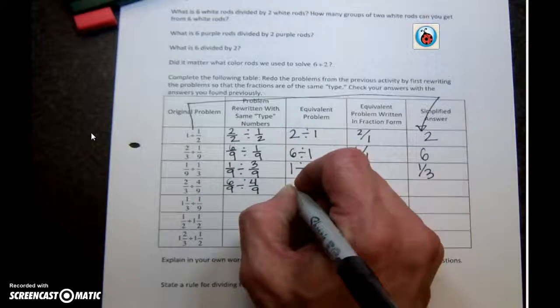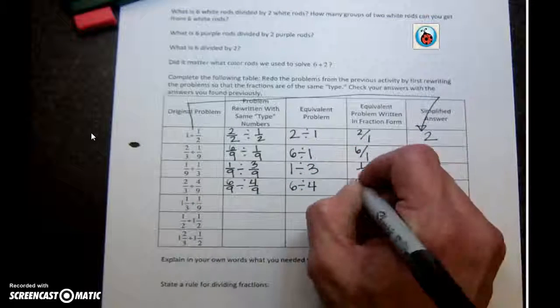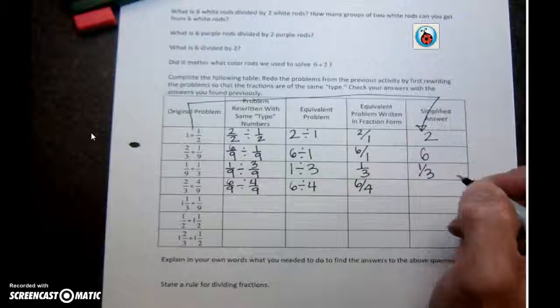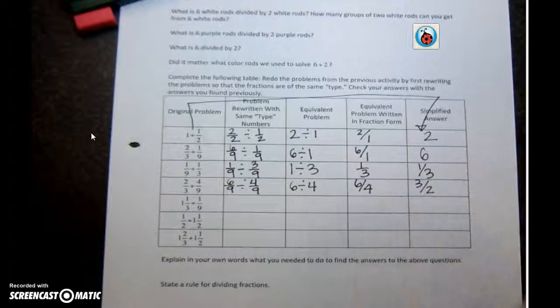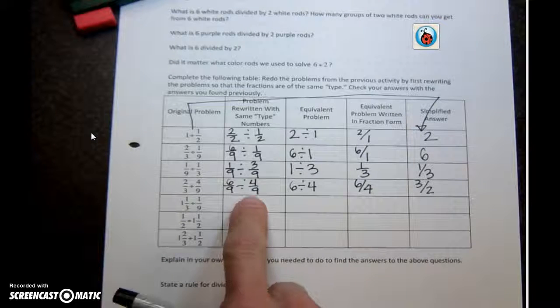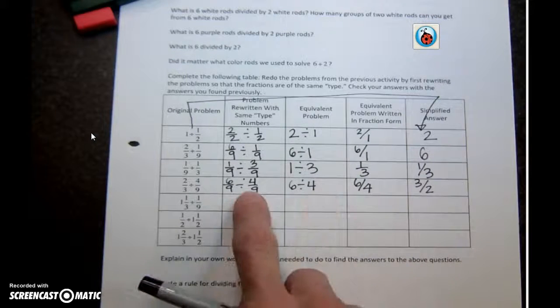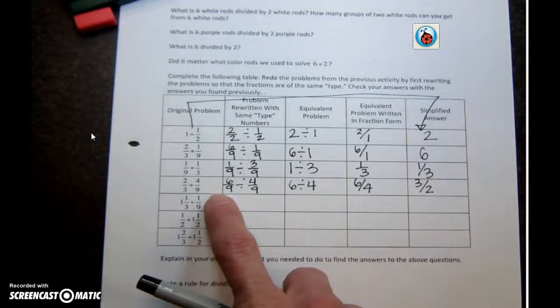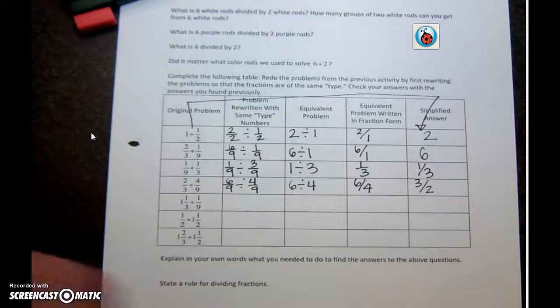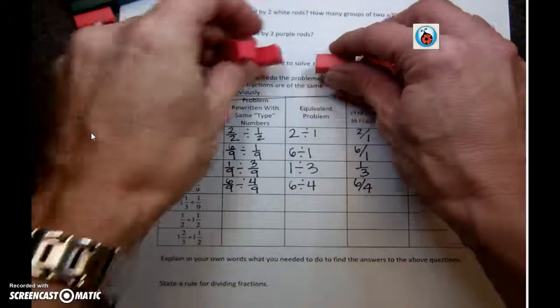So really all we're doing here is 6 divided by 4, which is 6/4, which the simplified answer would be 3/2. So what we're saying is we can fit 3/2 copies of 4/9 into the fraction 6/9.